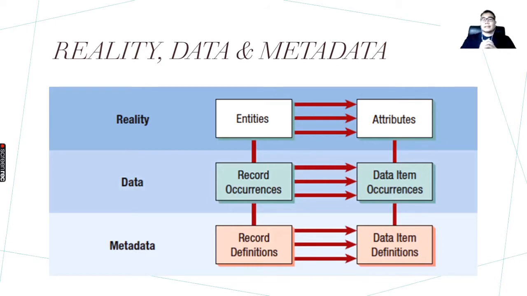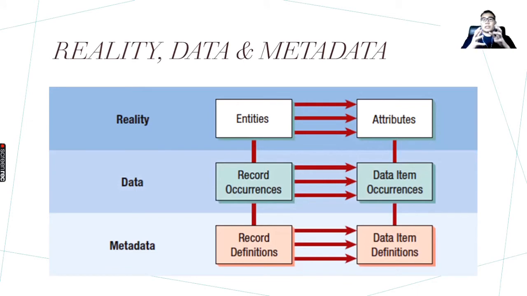So this means that we have students, we have enrolling as a transaction, and we have courses. Students and courses here refer to what we call an entity, which is an object that can be differentiated from other objects. It can be anything as long as it can be differentiated. An entity has what we call attributes. An attribute is a characteristic that is shared among the members of the entity.